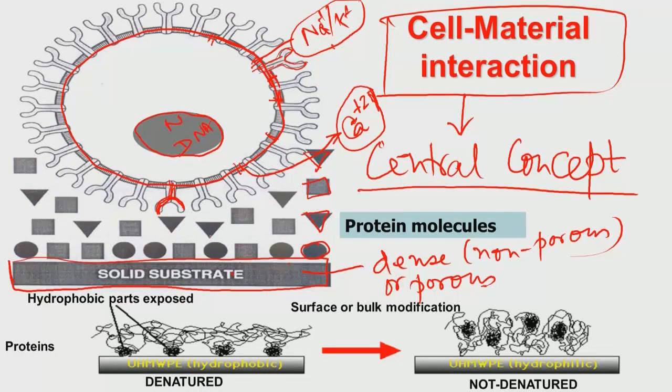The next level is how the cell surface integrin proteins or cell surface receptors interact with these proteins which are adsorbed on the material substrate. This interaction essentially takes place like a tongue. You remember a tongue, and this tongue can be used to hold some objects.